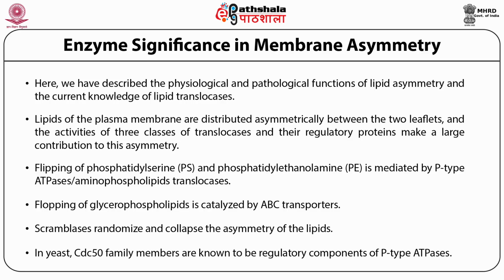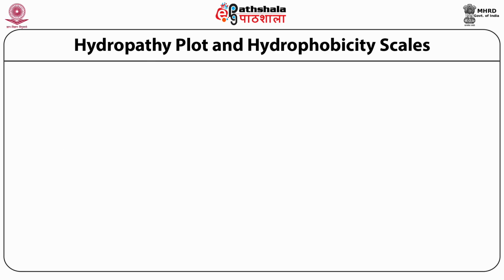In yeast, CDC50 family members are also known to regulate components of P-type ATPase. So in this way we can see that these are the proteins which are involved in maintaining the membrane asymmetry by transporting some phospholipids between the membrane leaflets.